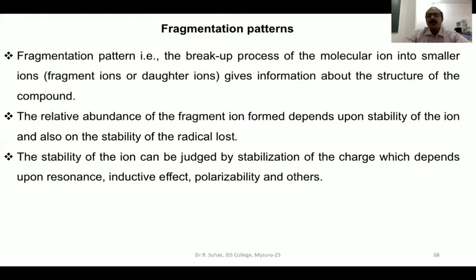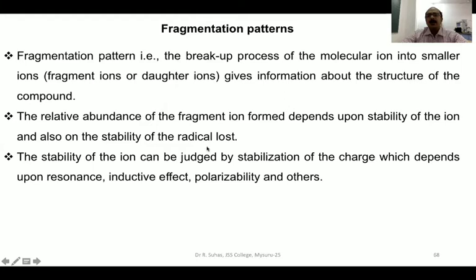So the relative abundance of the fragment ion formed depends on the stability of the ion and also on the stability of the radical lost. We know that whenever a molecular ion undergoes bombardment with highly energetic electrons, you will get both a positive ion as well as a radical.